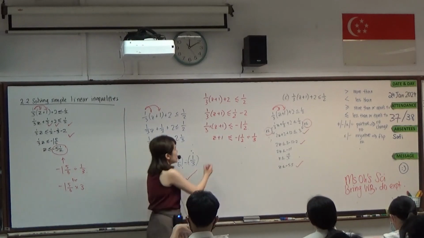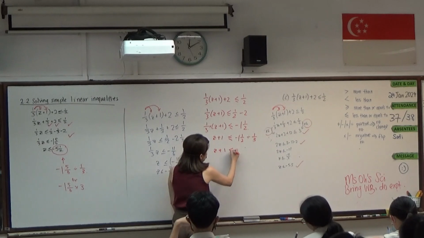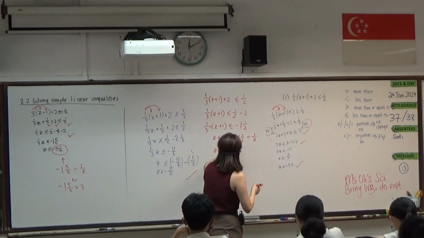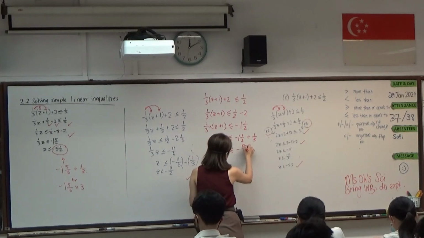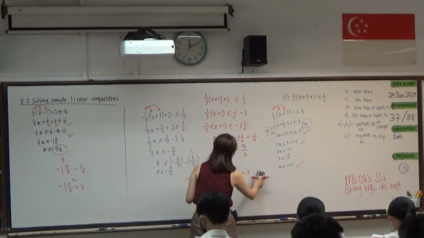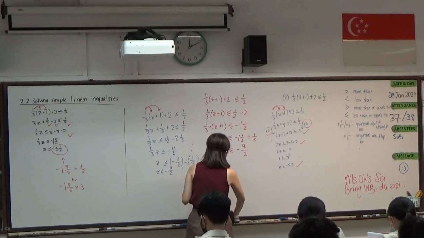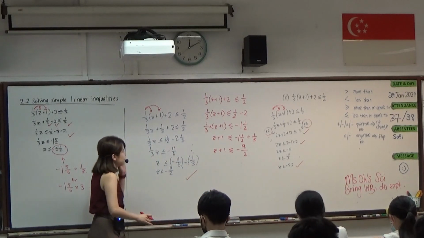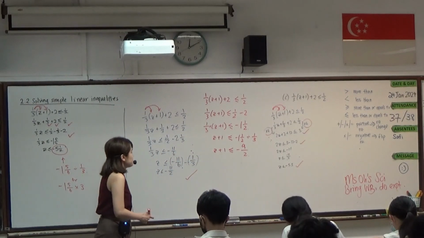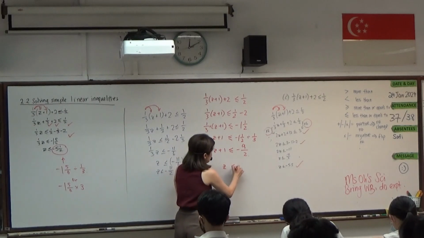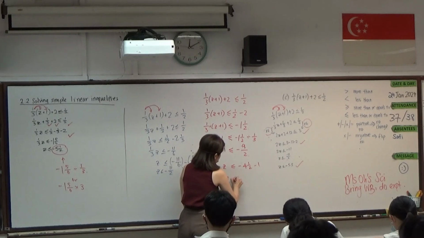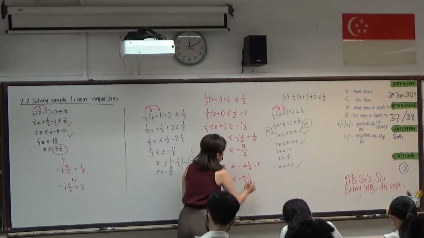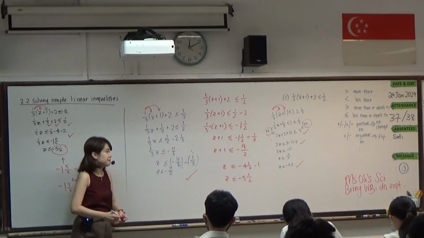That will allow us to get z plus 1 less than or equals to this times 3. This is negative 3 over 2 times 3, negative 9 over 2. So that is negative 4 and a half. Then we can have z less than or equals to negative 4 and a half minus 1, which simplifies to negative 5 and a half.